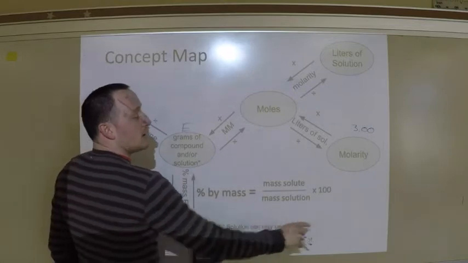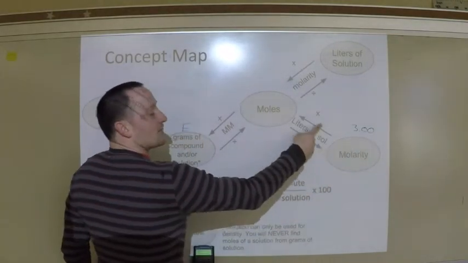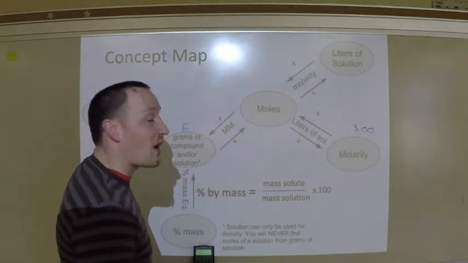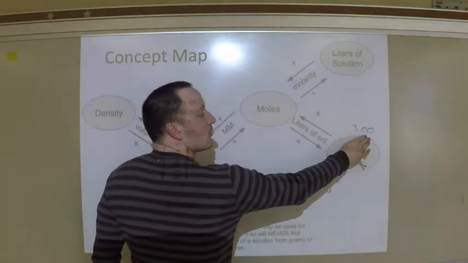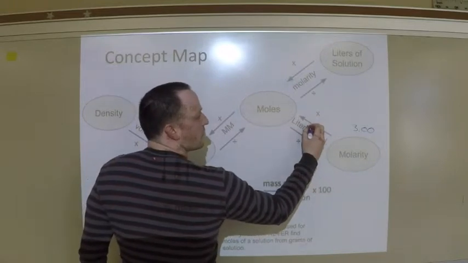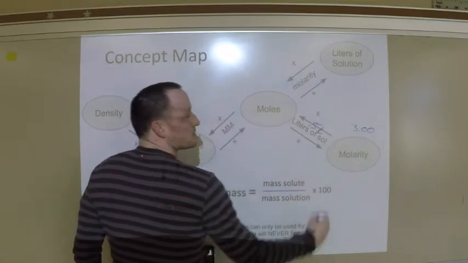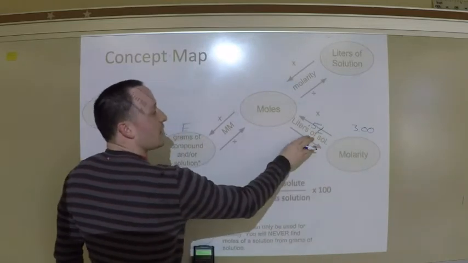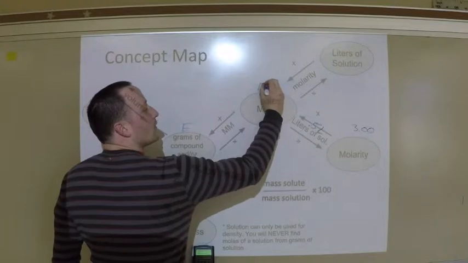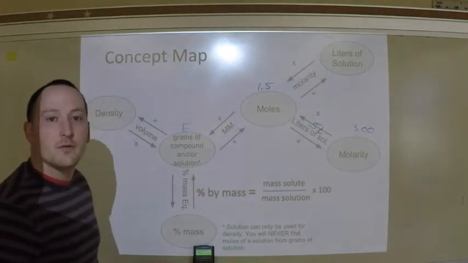So I'd take my 3.0 and multiply by my liters, which was 0.5 liters. So 3 times 0.5 gives me my moles. Well, remember my moles was 1.5 moles.